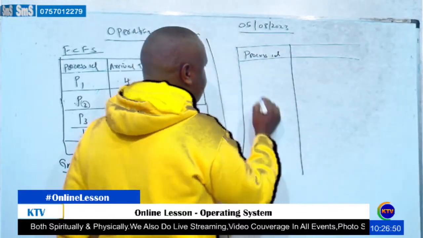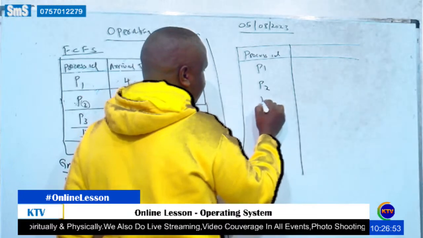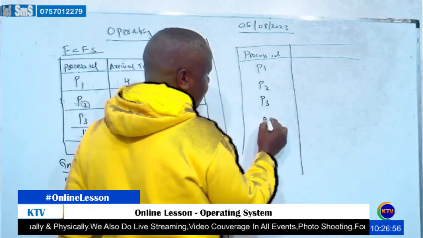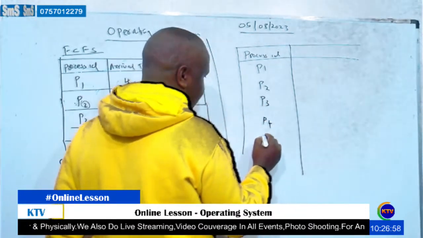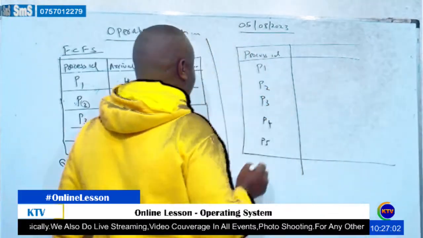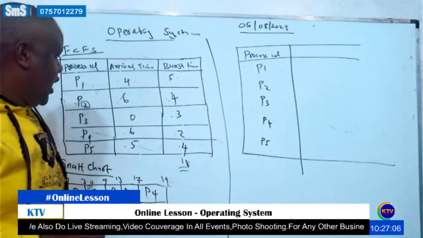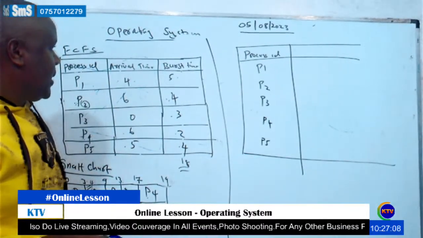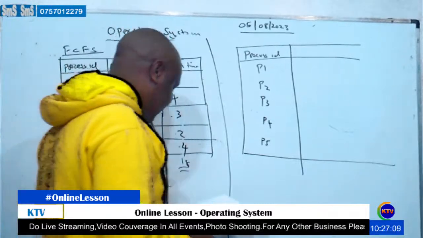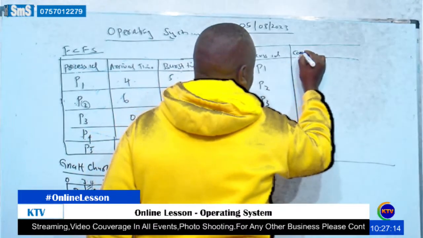We have process 1, process 2, process 3, process 4, and process 5. Then we also have what we want, which is now the completion time. We want to get the completion time.